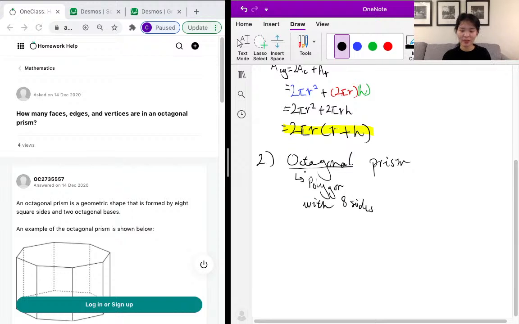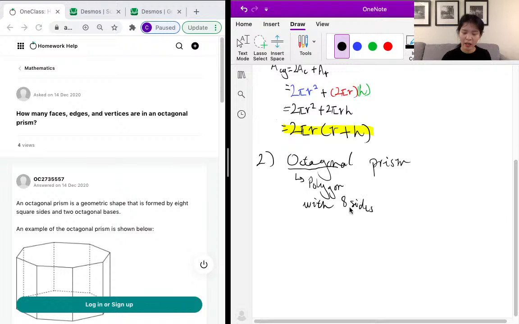But going back to our math problem, the octa is actually 8 in Greek. So our octagon is a polygon with 8 sides, not 10. This is what you need to remember because a lot of people get confused by it and think an octagon is a polygon with 10 sides, but no, it's a polygon with 8 sides only.